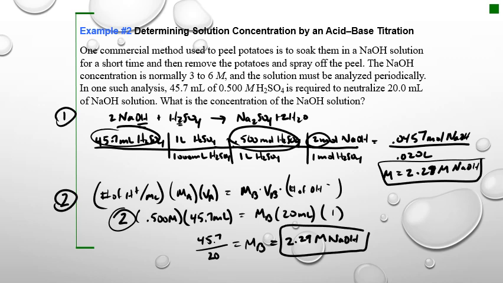Then once I have my moles, I would divide it by the volume of the base. Notice here, I'm taking and dividing both sides by the volume of the base. So I'm doing the exact same process, it's just making it a little bit quicker to work through.